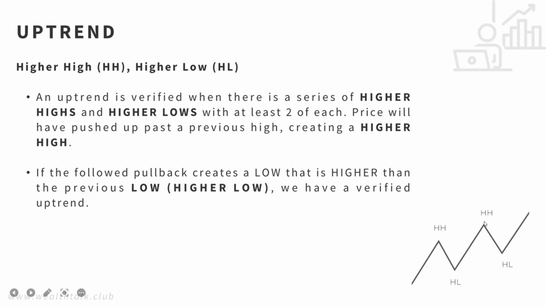We call it higher high because if we look previously, when the last time we came up, this high is lower than this one, and this is higher than the previous one. When we see a series of higher highs and higher lows in the market, we verify that the market is in an upward direction and we are uptrending.